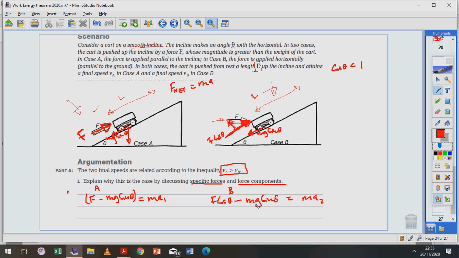The acceleration is related to the speed, and obviously the acceleration in A is going to be bigger than the acceleration in B, because this term is the same as this term, and the mass is the same, right? The only thing that's causing a difference is the F, and since F is bigger than F cosine theta, this V is definitely going to be bigger than this V, right?